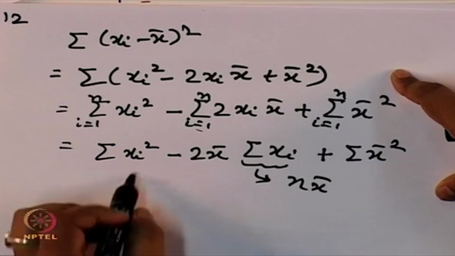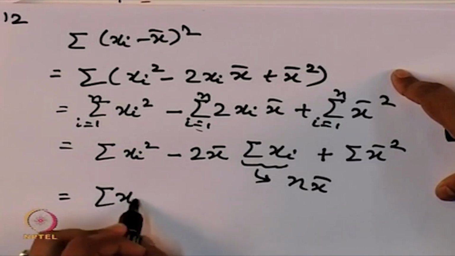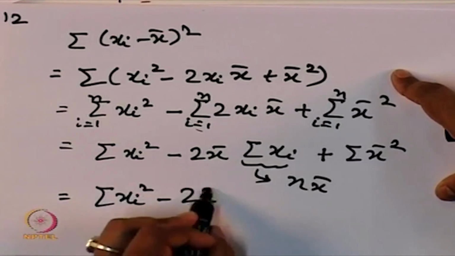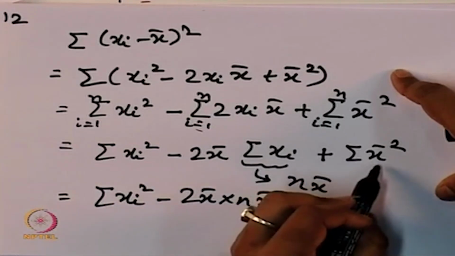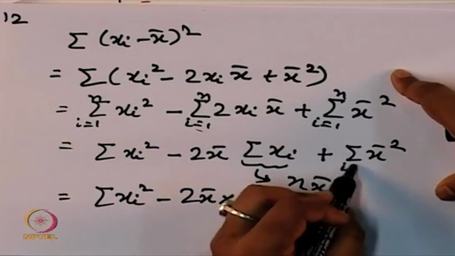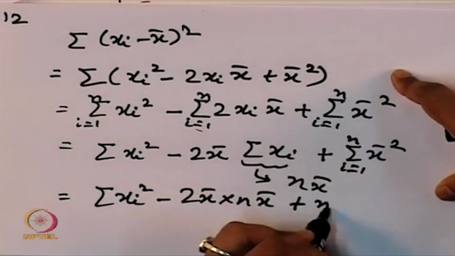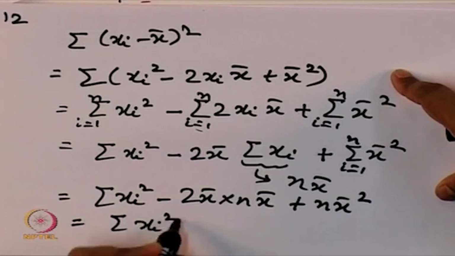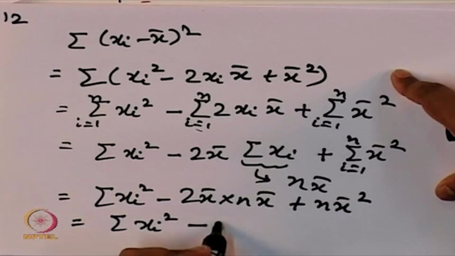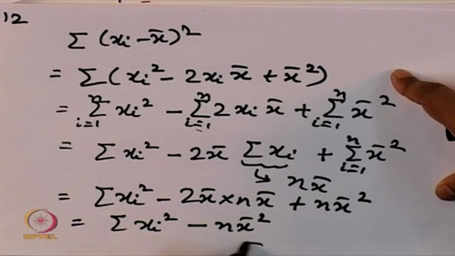So this equation then becomes summation xi square minus 2 x bar into n x bar, and summation x bar square summed up n times, this is also i equal to 1 to n, will be n x bar square. So this final expression is summation xi square minus n x bar square.